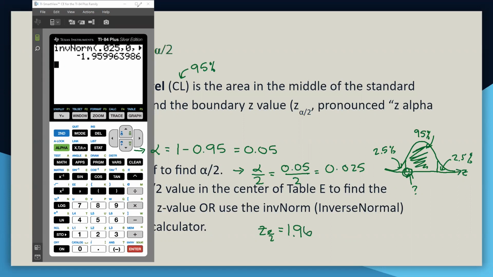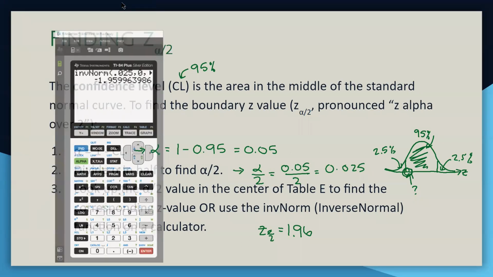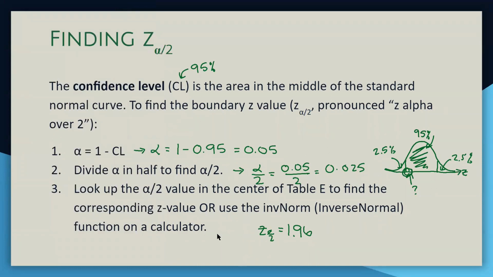You will notice that we're going to round our z-scores from the calculator and computer to 2 decimal places because that's what table E works with. If you were to look this up in table E, you would actually need to go to the center of the table and you would need to look up this information here.